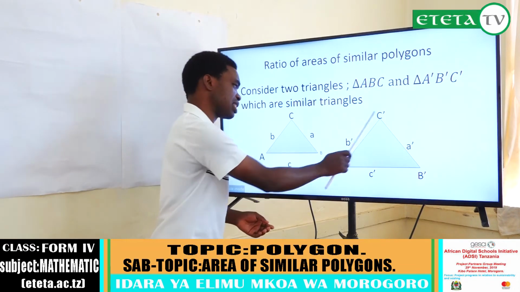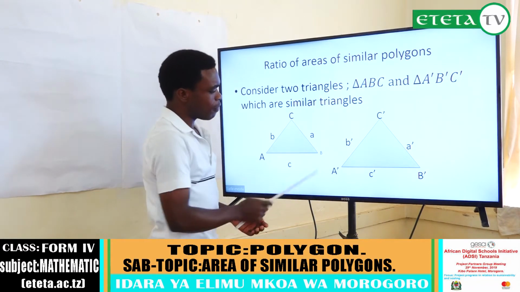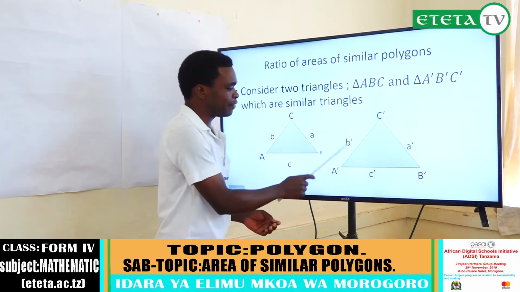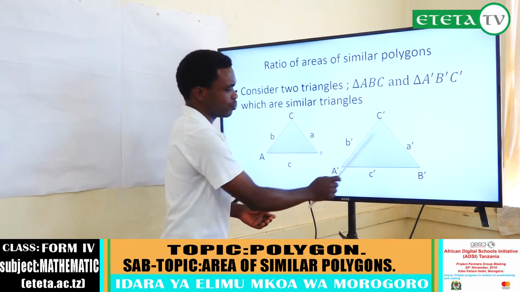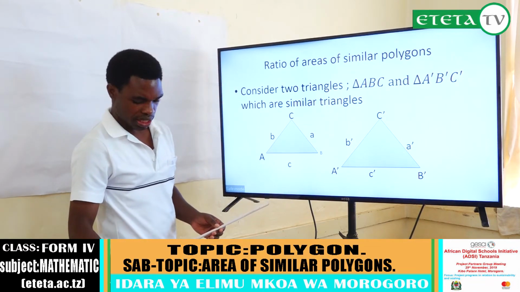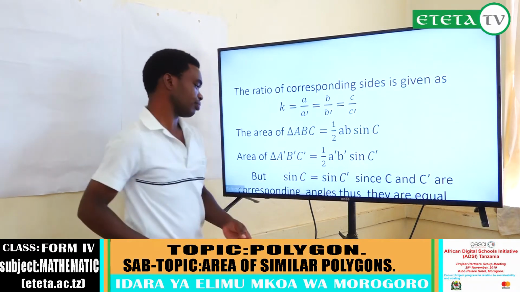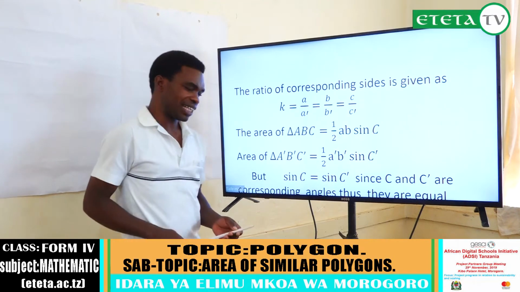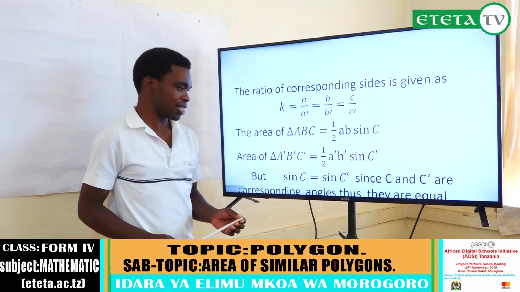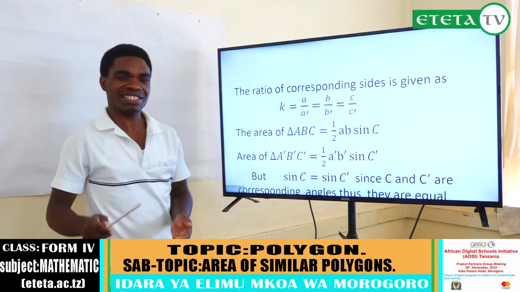Then, with this triangle, the area of triangle A dash B dash C dash is going to be a half times the product of these two sides, a dash and b dash, times the sine of angle C dash. But you have to remember that we said for similar polygons, the corresponding angles must be equal. And we said angle C corresponds to C dash.